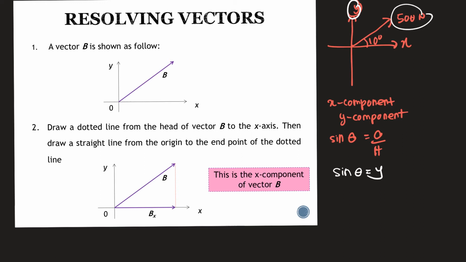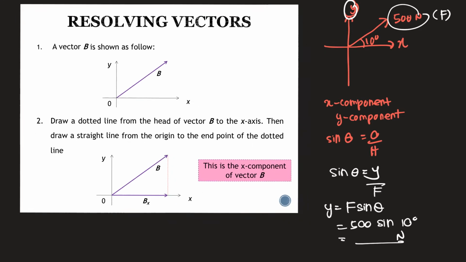I put it as an example, I put it as F. So your y is going to be F sine theta. In this situation, your F is going to be 500 multiplied with the sine of the angle. Then you are going to get the answer, which is the y component.